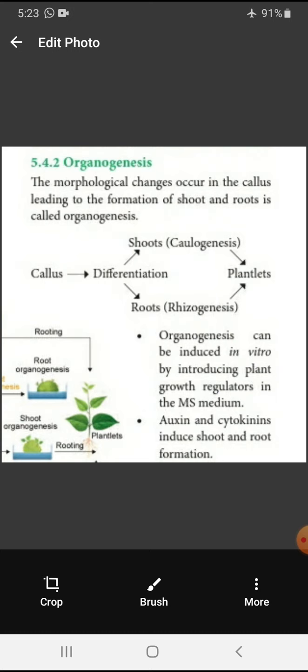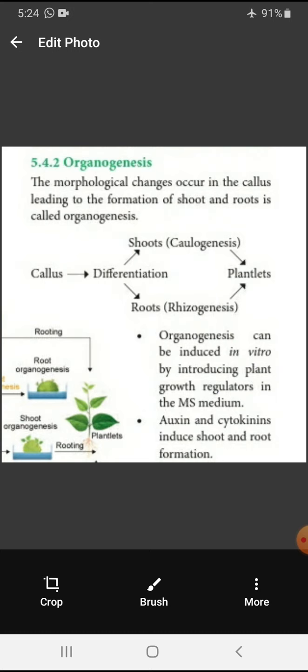The root developed from the callus is called rhizogenesis, and the shoot developed from the callus is called caulogenesis. Whenever root and shoot develop from the callus, it leads to the development of plantlets. So organogenesis is the development of organs like root and shoot from the callus.